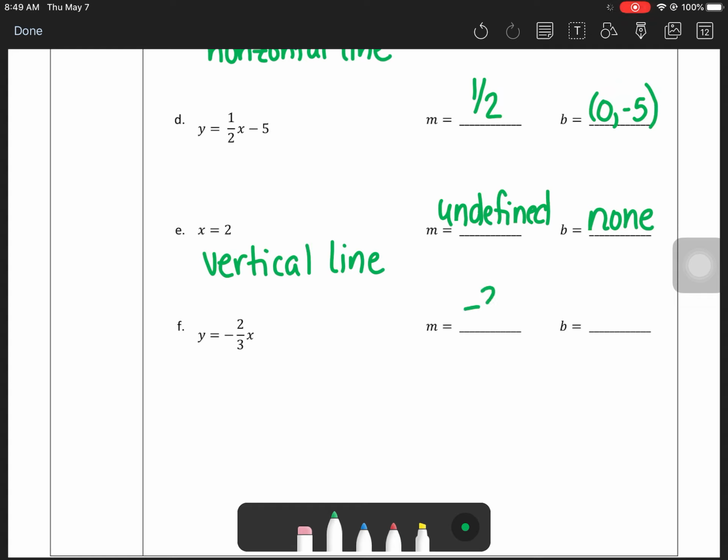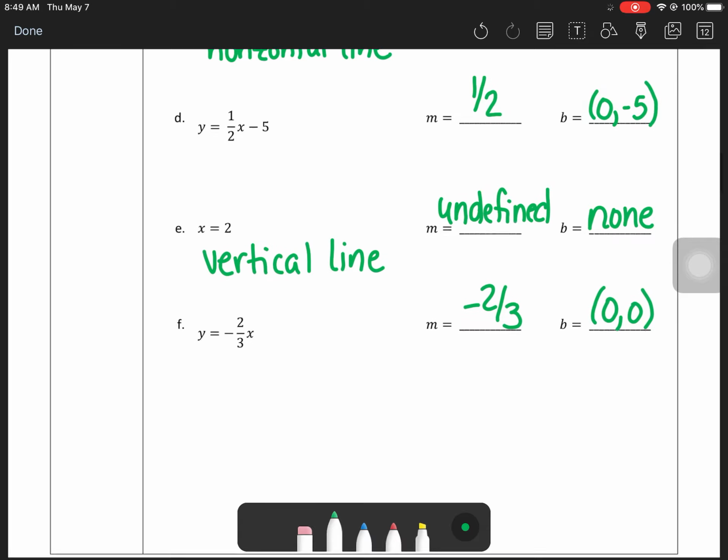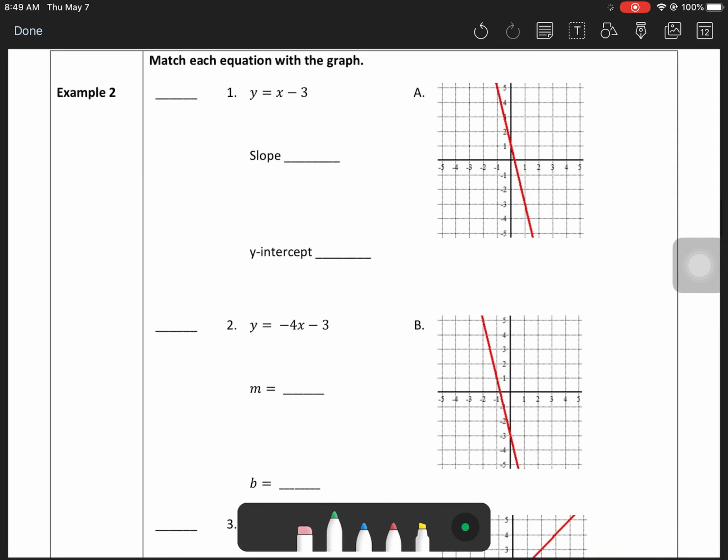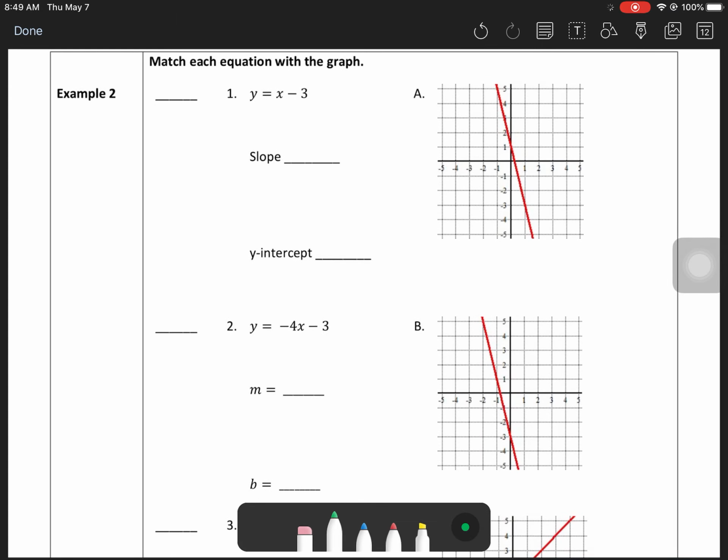In the next example, the slope is -2/3, and since you don't see a number after the x, then we know that our y-intercept is 0. It's the origin.